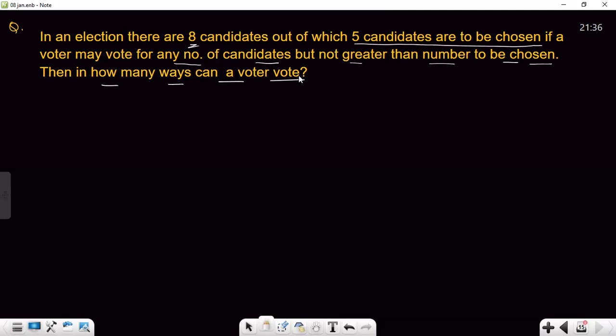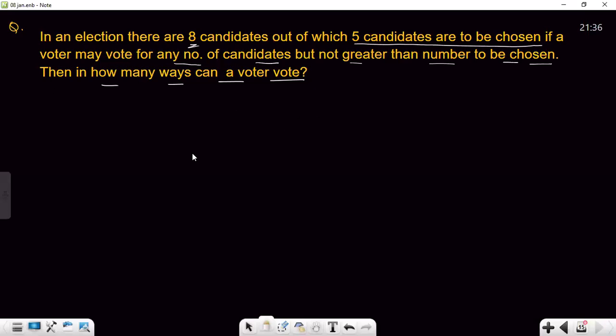Now what is unfixed here? The number of votes he is going to cast. But it is for sure that he has to choose some. So out of 8, he may choose 1, 2, 3, 4, or 5, but not more than 5, because there are not even vacancies for more than 5.